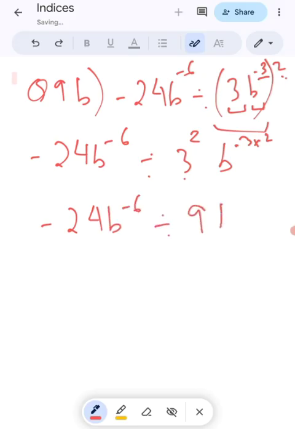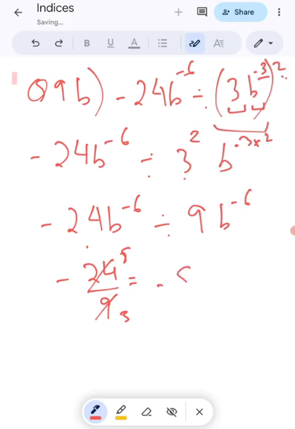So minus 24 b raised to the power minus 6 divided by 3 square is what? 9 b, and 2 multiplied by minus 3 is what? Minus 6. Okay, now numbers will be normally divided or multiplied. So minus 24 divided by 9 is what? 3 3s are 9, 3 8s are 24.